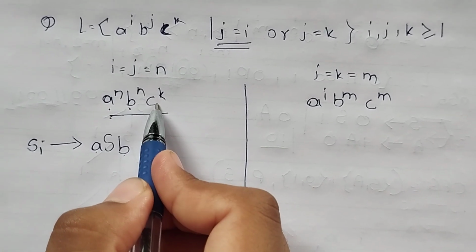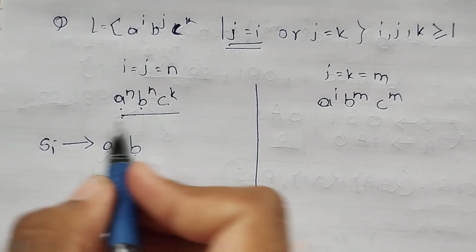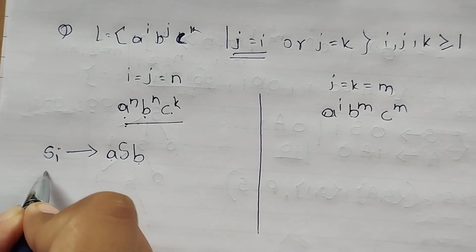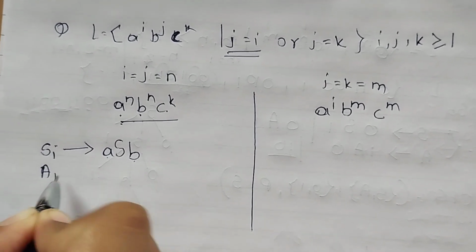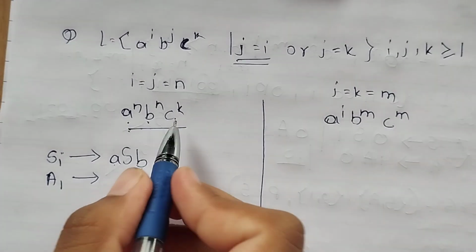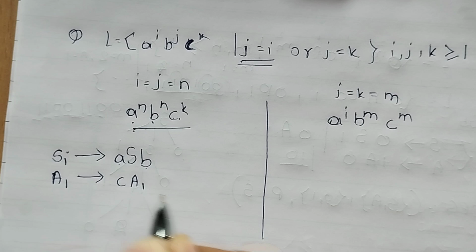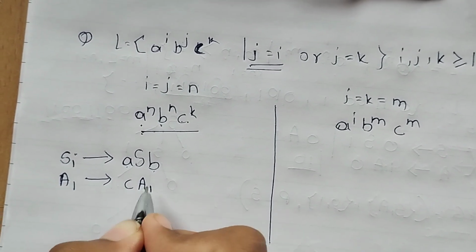Now we want this c also. So for that c we consider one production, which is A1. So this A1 is for this c. So n number of c we can read. So I say c A1 means n number of c is repeated.